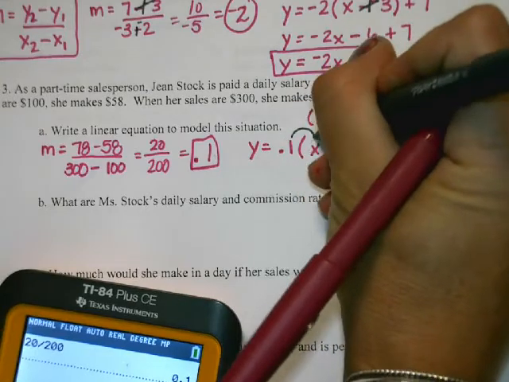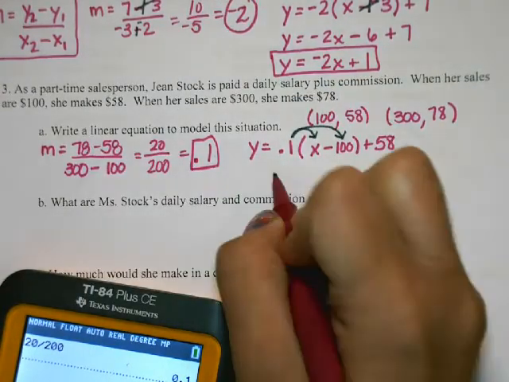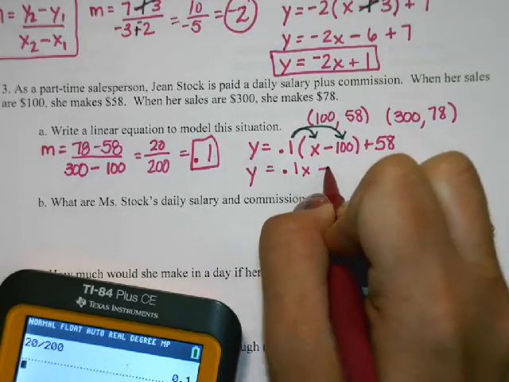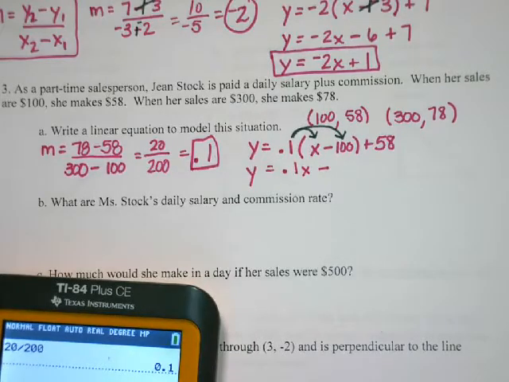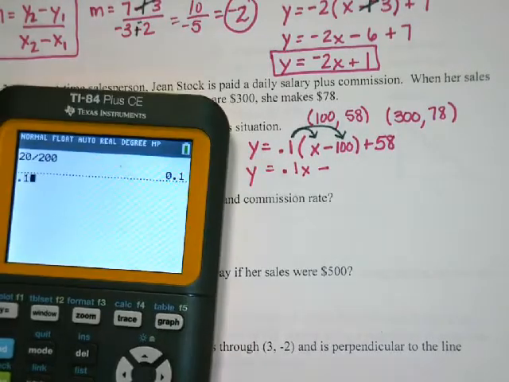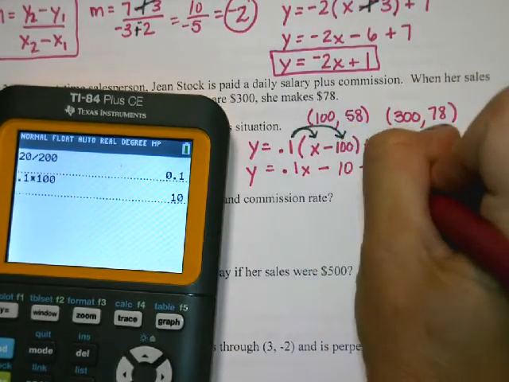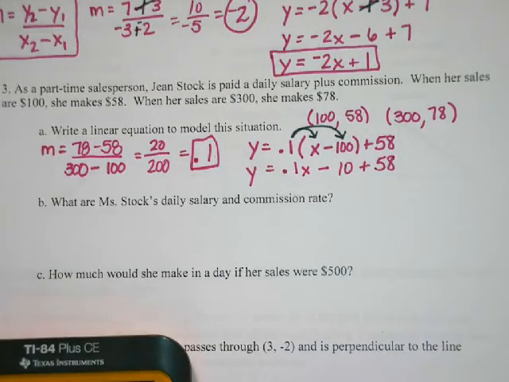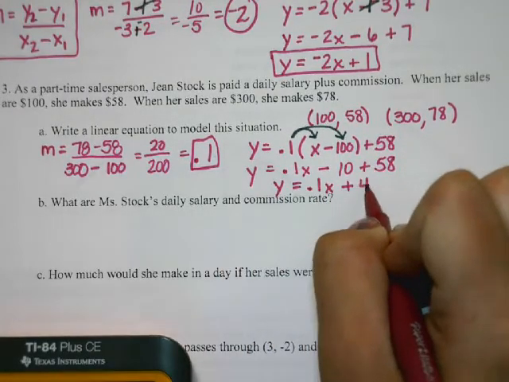Okay, let's distribute. 0.1x minus, we want a tenth of 100. 10, right? Plus 58. Combine like terms, so I get y equals 0.1x plus 48.